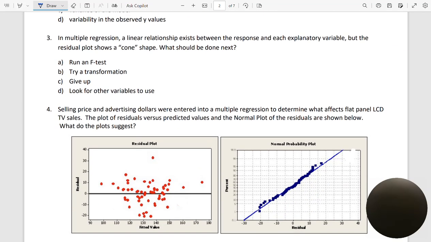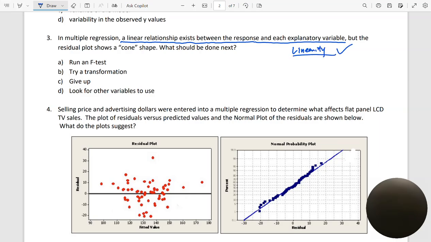In a multiple regression, a linear relationship exists between the response variable and the explanatory variable, but the residual plot shows a cone shape. Then what should we do next? The first sentence says a linear relationship exists between the response and each explanatory variable. It means our linearity assumption is good.